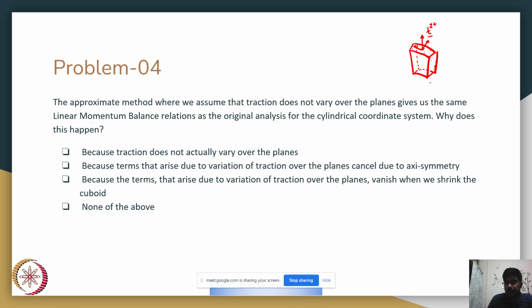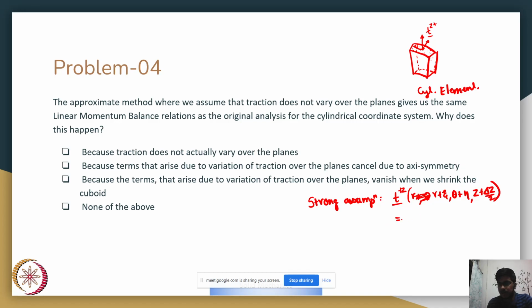So this is our cylindrical element, and if we use the strong assumption, it basically says that the traction at any point on the plus z face, which I'm taking as an example, with coordinates r plus epsilon, theta plus eta, and z plus delta z by 2, is nothing but equal to T of plus z at r, theta, z plus delta z by 2.